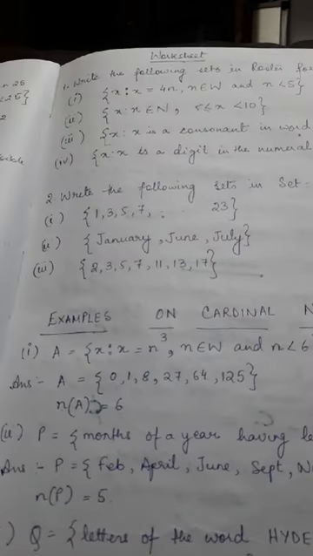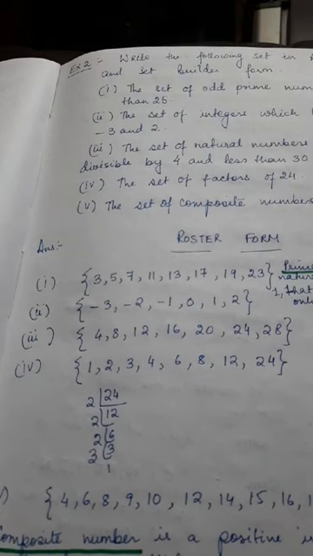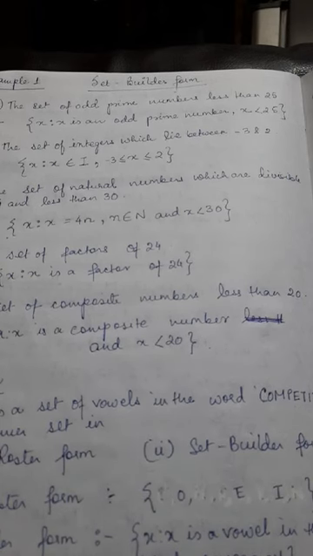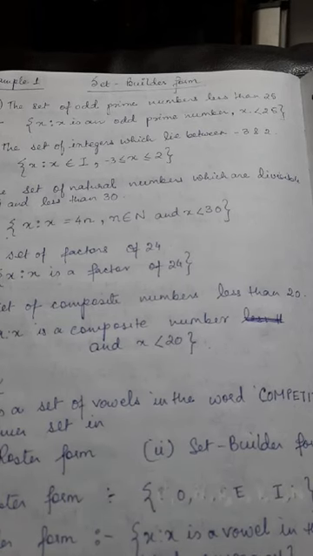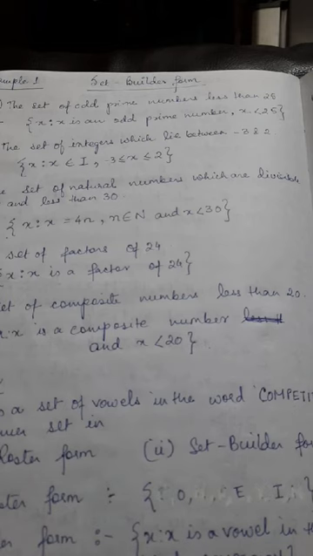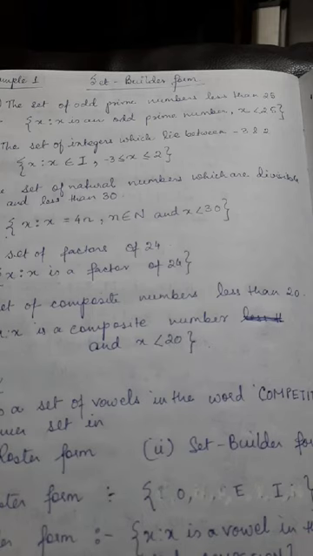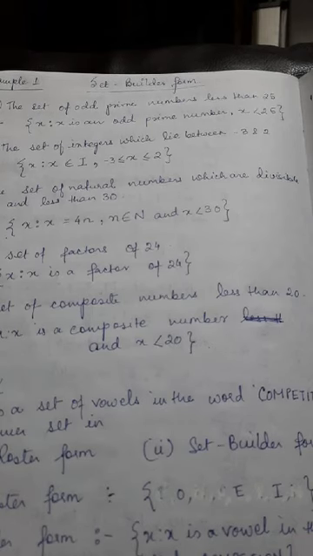If you have any doubts anywhere, how to write a set in roster form, how to write a set in set builder form. Set builder form is a little complicated because it has a particular format of writing, but I hope with good practice you can overcome your problems, and obviously I am there to help you out.